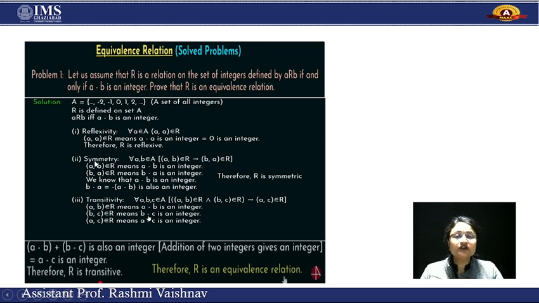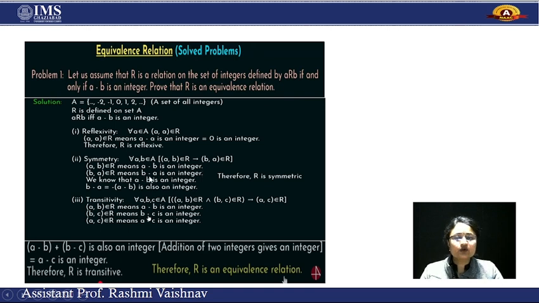Now let's go for the symmetric property. If (a, b) belongs to set A, which is given in the question, and (a, b) belongs to R, then (b, a) also belongs to R. How? Let's take an example. (a, b) belongs to R, it means a minus b is an integer.